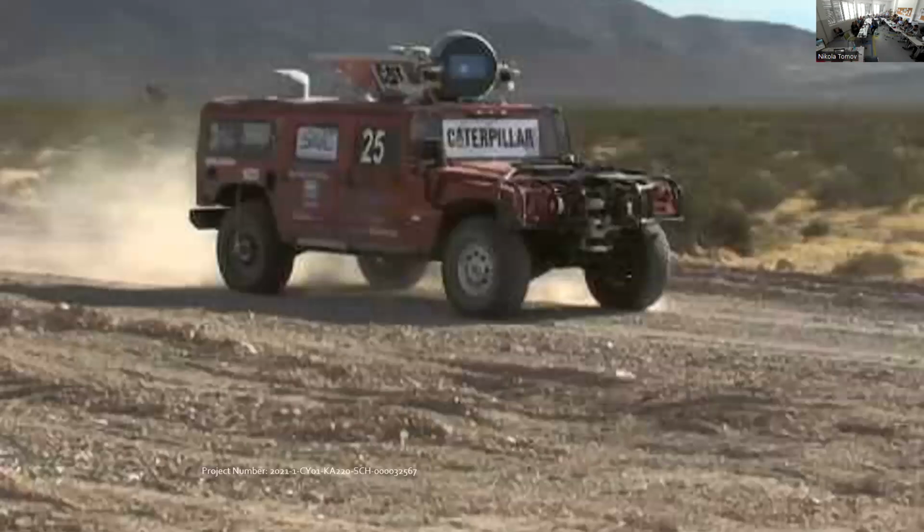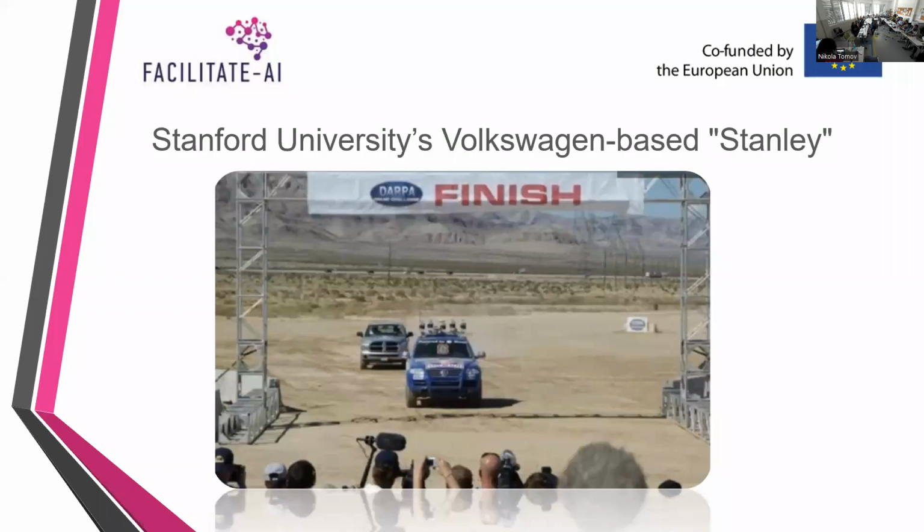The next year, the contest happened again. And there was a winner called Stanley from Stanford University, from the Stanford team. They were very stubborn as well to win. But they asked them, how did you manage to overtake every research team from last year? And they said, we used machine learning.